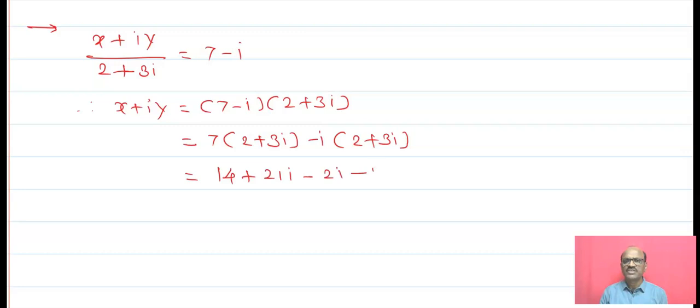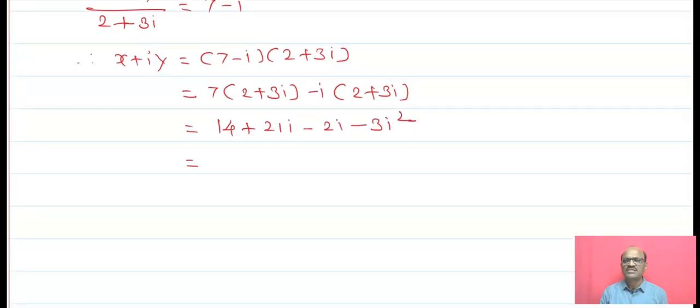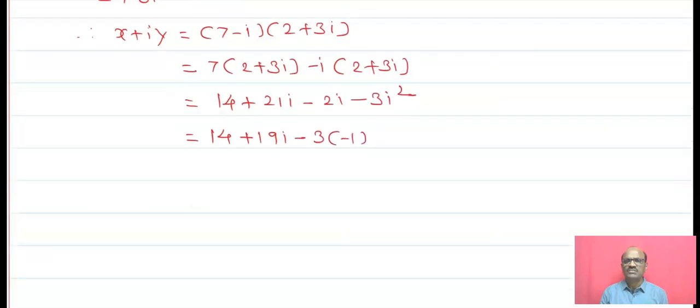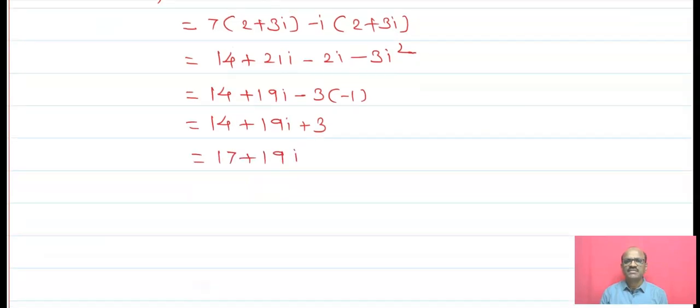Now perform the multiplication, that is 14 plus 21i minus 2i minus 3i square, that is 14 plus 19i minus 3i square. i square means minus 1, and minus minus becomes plus, so you will get 14 plus 19i plus 3, that is 17 plus 19i.